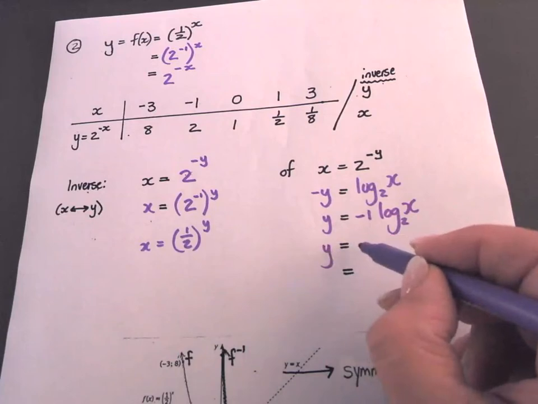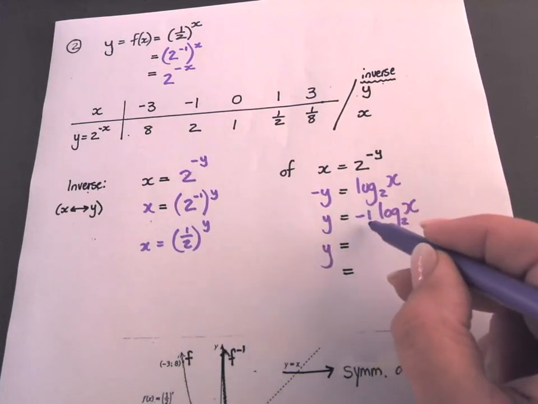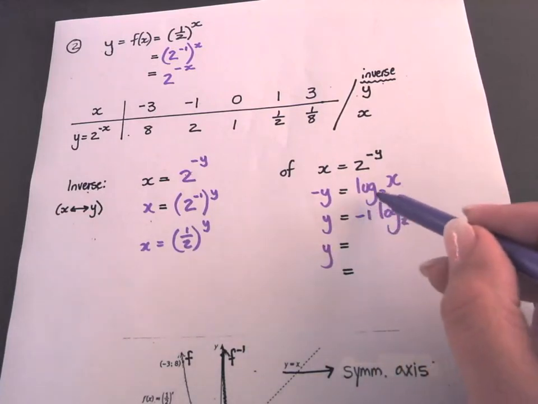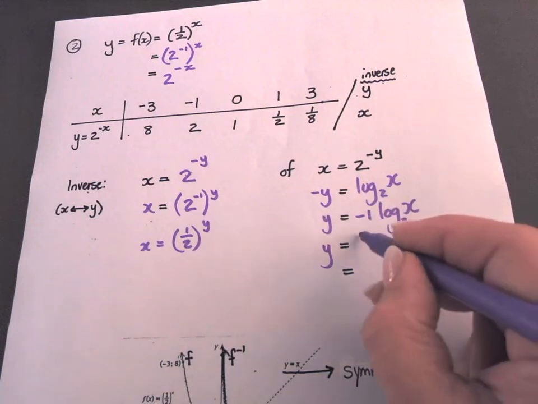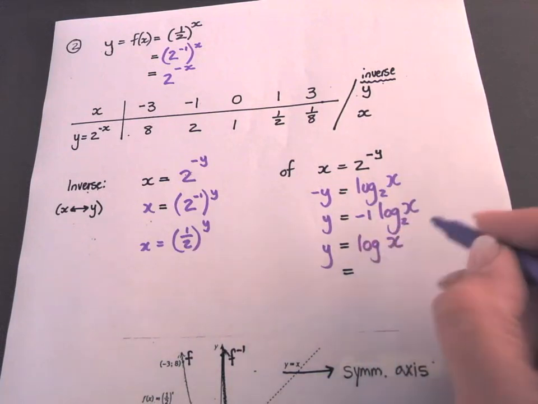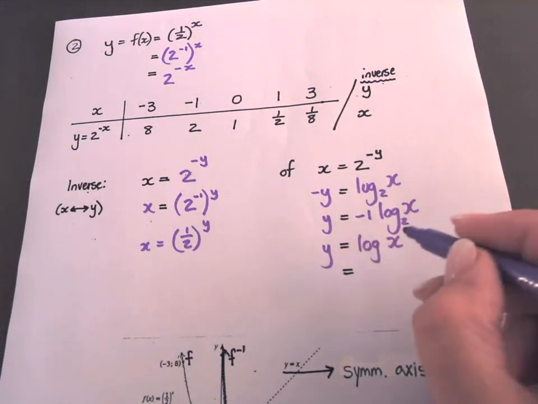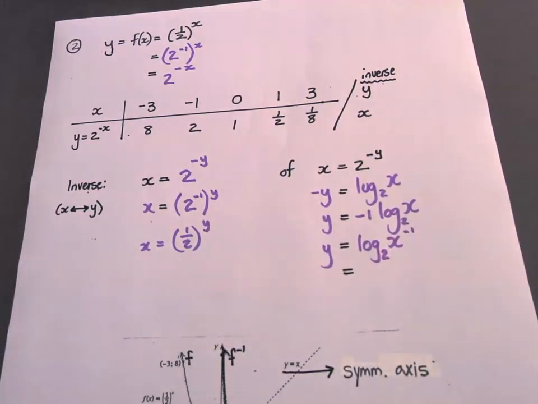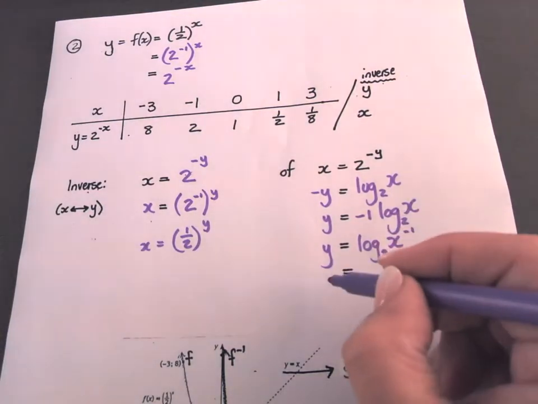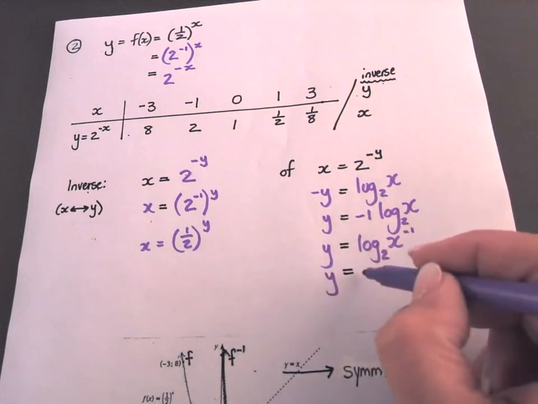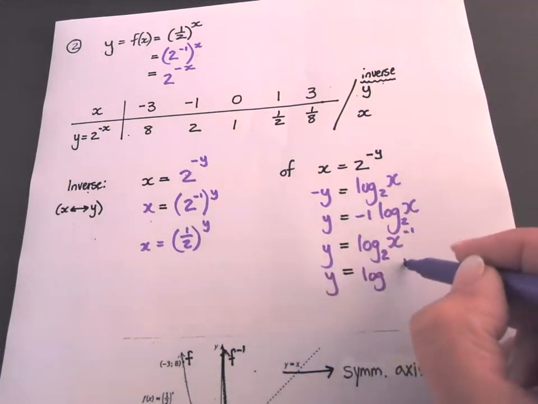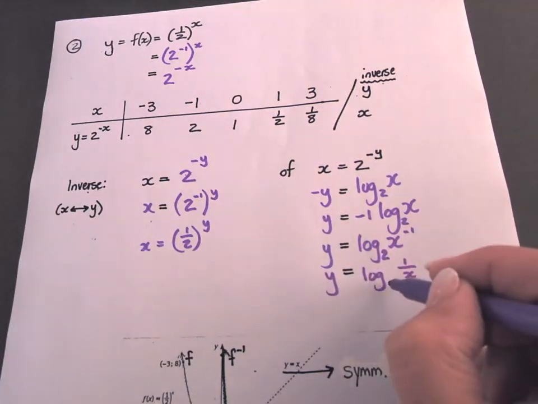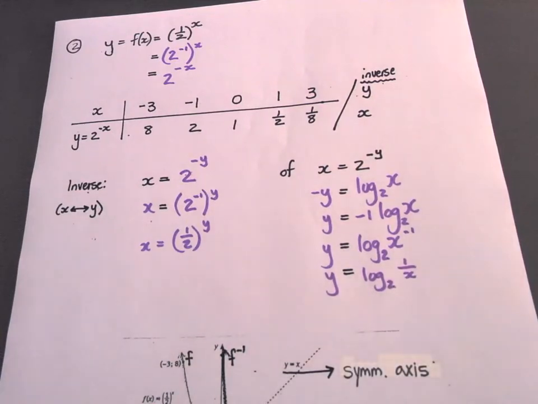Then y will be equal to, this stands in front of the log, so I put it as an exponent, log of x to the power of minus 1 base 2. Therefore, y will be the log of 1 over x base 2.